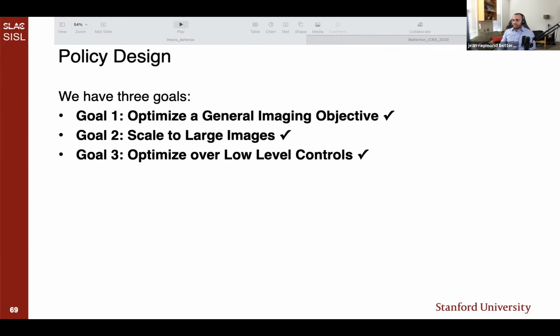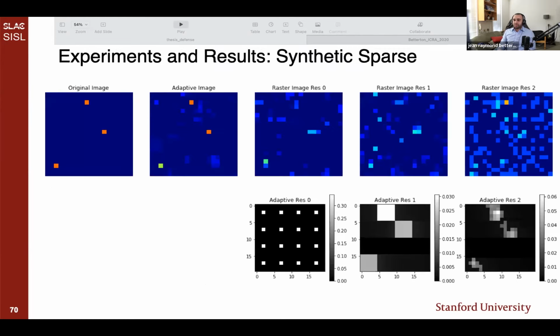So now let's take a look at how this performs. Here we see an image produced by our adaptive method compared to some rastering baselines. The black and white images at the bottom represent the adaptive exposure times for each aperture. So the original image is on the left. The adaptive reconstruction is the one next to it. Now, these three images on the right are different rastering images that utilize different resolutions.